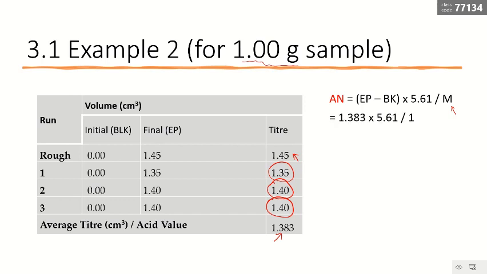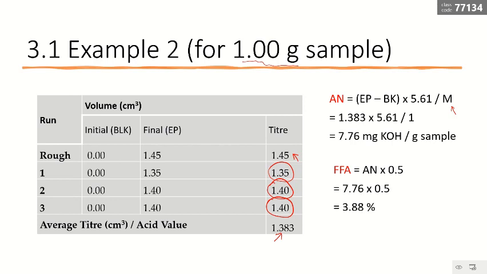So we substitute all the values inside, with the 5.61 there, then you can calculate and the acid number will be 7.76. If we know the acid number already, the free fatty acid percentage will be this times half, which is 3.88%. So no matter if we use the machine or manual, or repeat it 3 times or even more than 3 times, you know how to calculate this free fatty acid content and acid number.